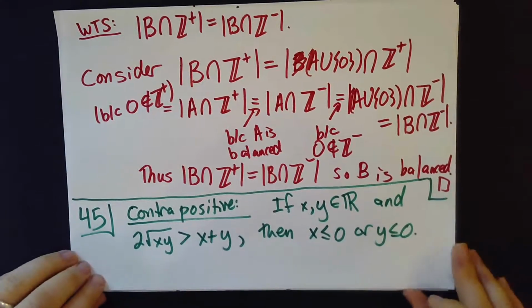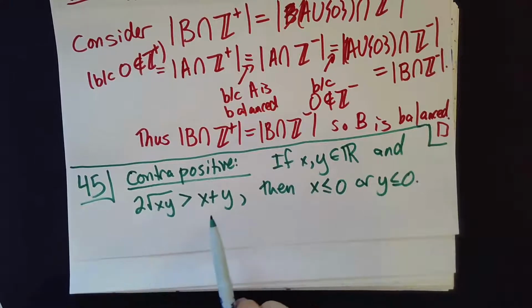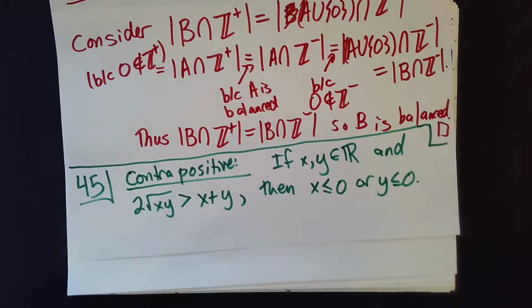And so you look at this inequality, you square both sides, and then you look at what happens with your algebra.